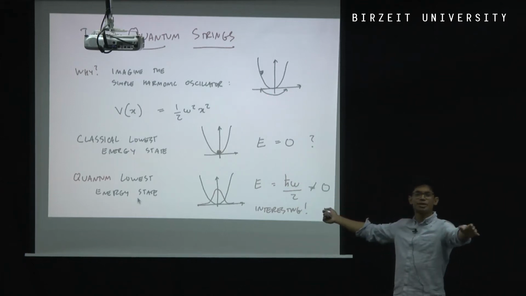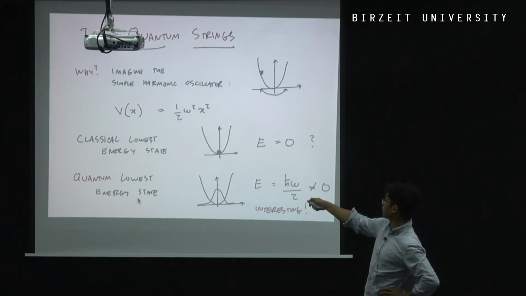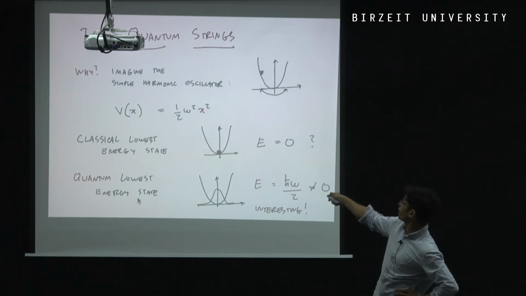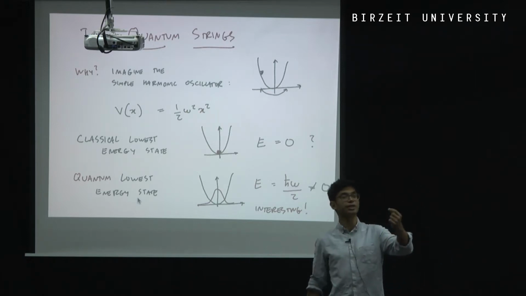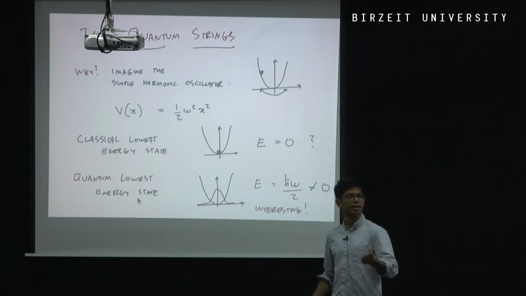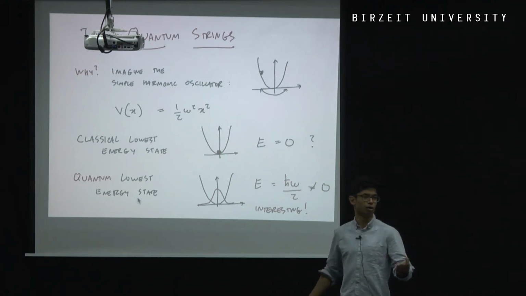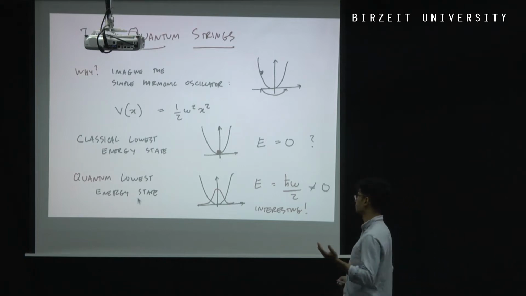So everyone is happy with the simple harmonic oscillator, right? Okay, good. The potential for the simple harmonic oscillator looks like this. It's half omega squared x squared, where omega is the frequency of small oscillations. Throughout this, I'm going to set various things to 1. I'm setting, for example, the mass of the particle to 1 in this thing.